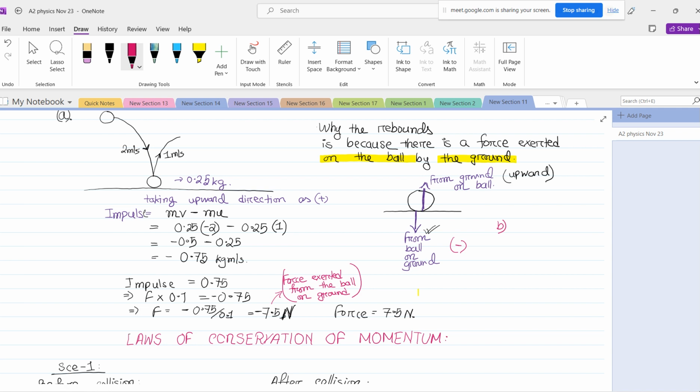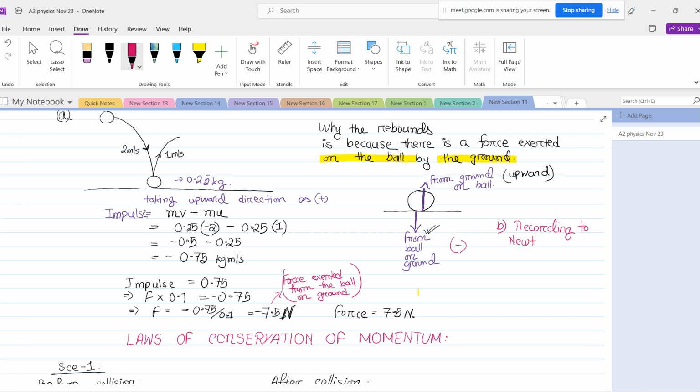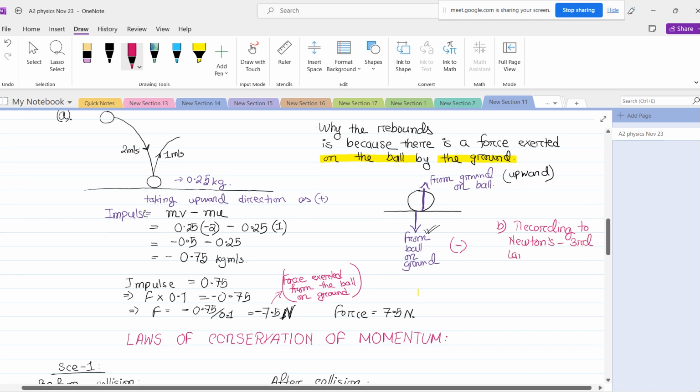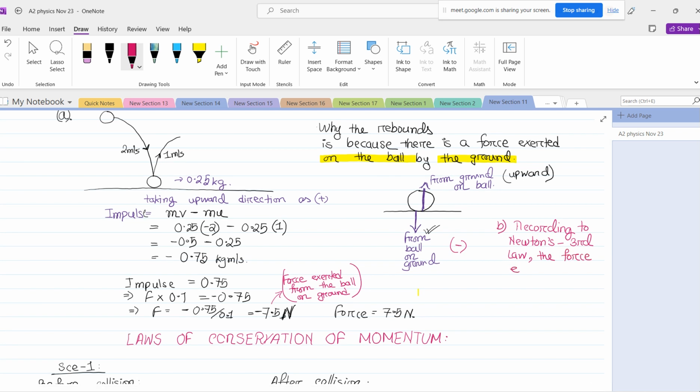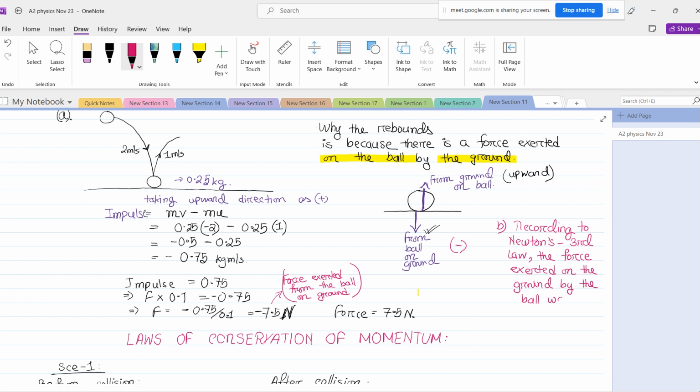So it will be, according to Newton's third law, the force exerted on the ground by the ball was 7.5 Newton in the downward direction.